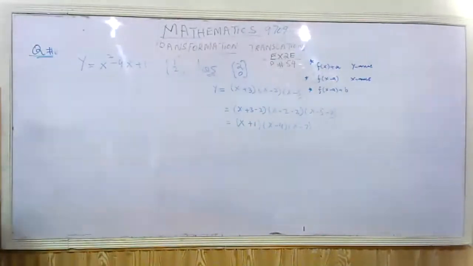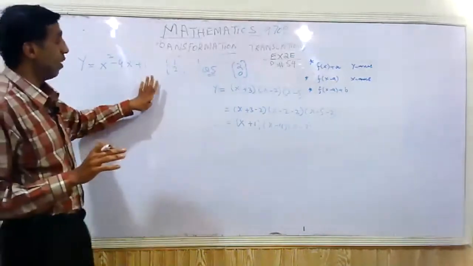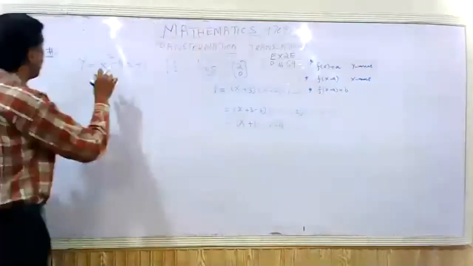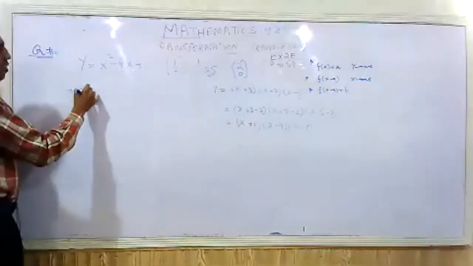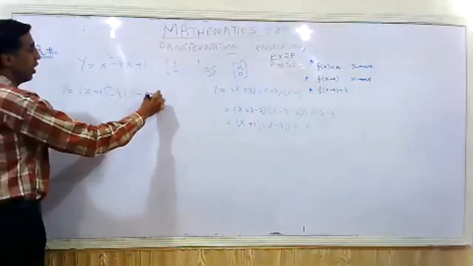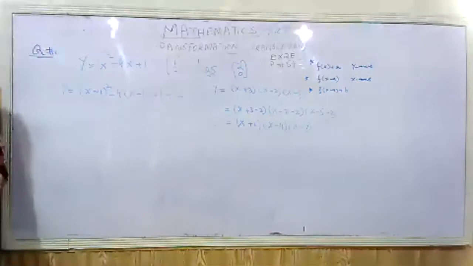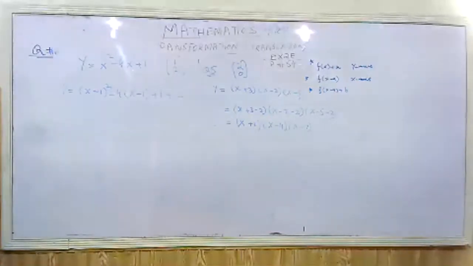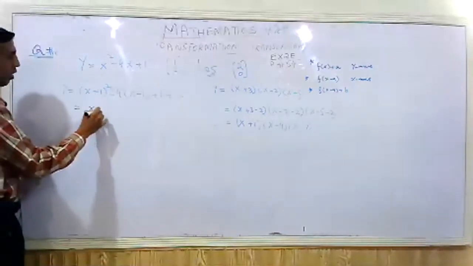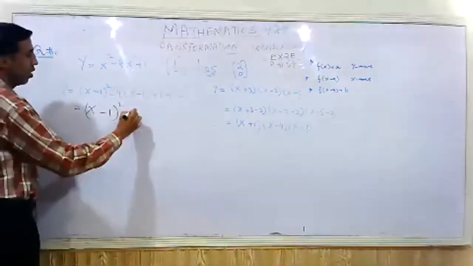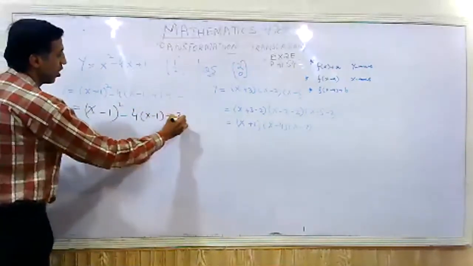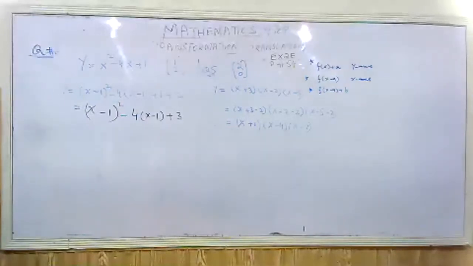If you see, this is related to law number 3. So how will I write it? First of all, replace: (x minus 1) squared minus 4(x minus 1) plus 1 plus 2. At the end, I will just add this constant. (x minus 1) squared minus 4 into (x minus 1) plus 3. You may leave the answer here.